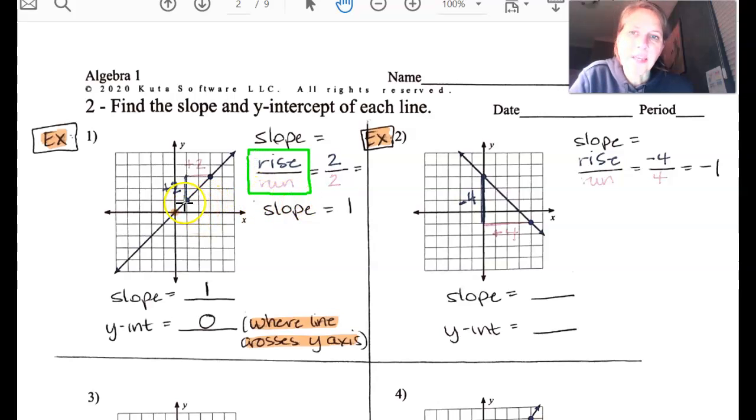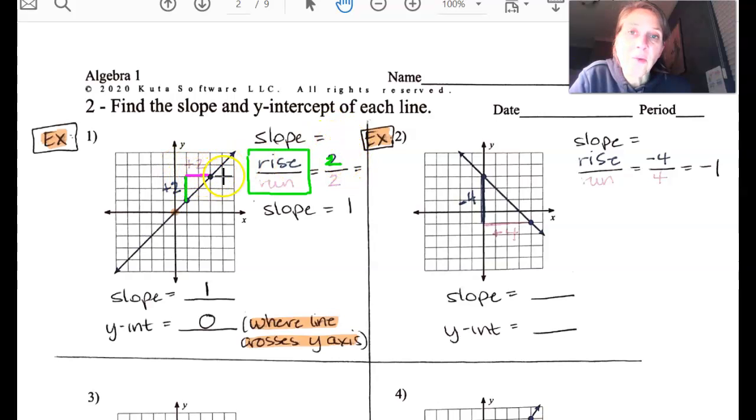So here you can see we start at this bottom one. We are rising 2. And then if I go to a different color, we are running, we're going to the right 2 also. So that's where our rise of 2 comes from, from that rise here of 2.